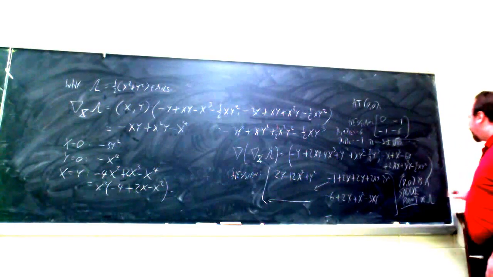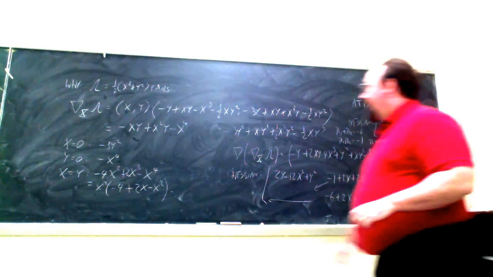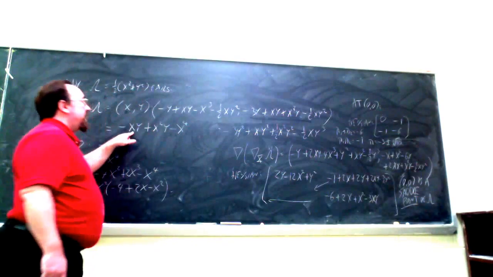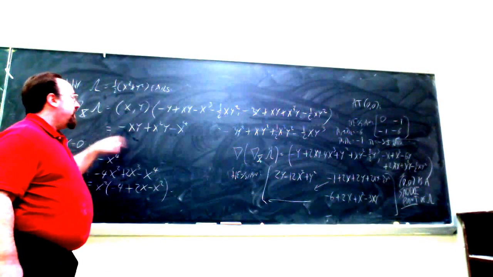Well, we can't have that happen near C. What you have is it could be increasing in some directions and decreasing in others. And that's why it's not a suitable candidate for a Lyapunov function. Because what's happening is this covariant derivative, if you plug in xy equals 0, 0, you're going to get that the covariant derivative is equal to 0.